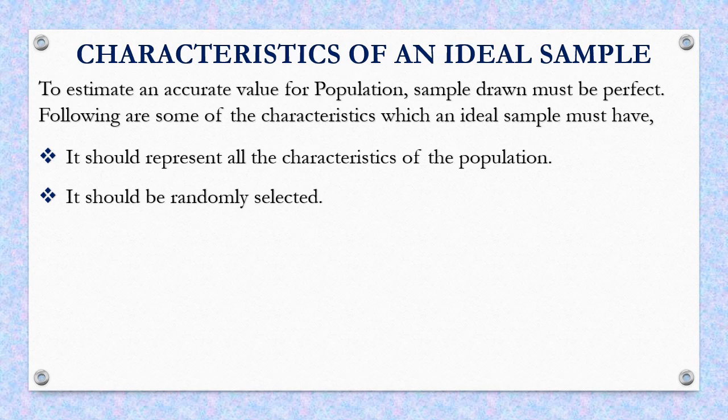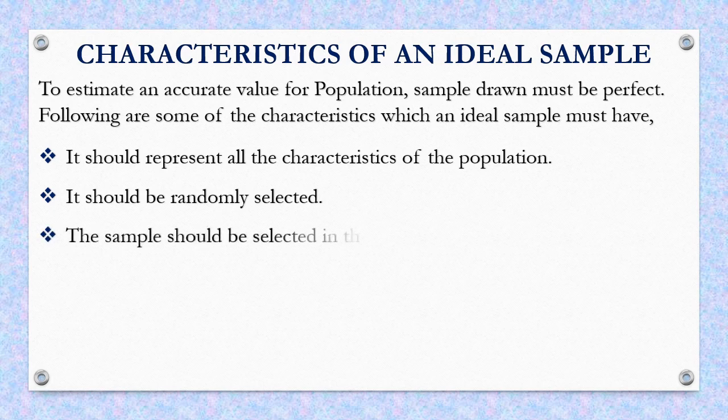For example, if I am selecting 10 students from a class of 100 students, I should not be biased towards good students and leave out the bad students, or give a chance to my favorite students, or do injustice to the students who have behaved badly with me previously. I should give equal importance to all 100 students, and I should select 10 students without any partiality. That is what it means to select a sample randomly.